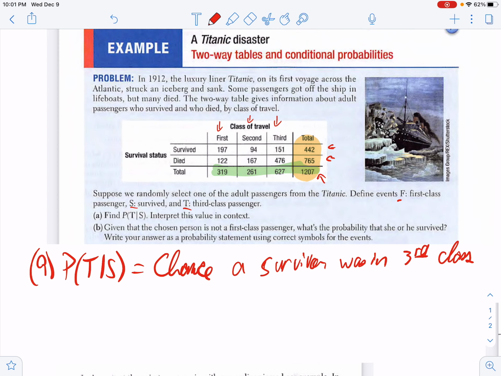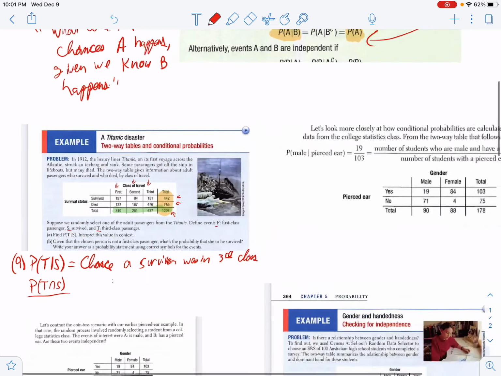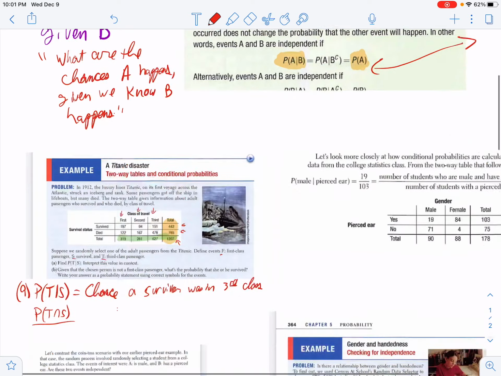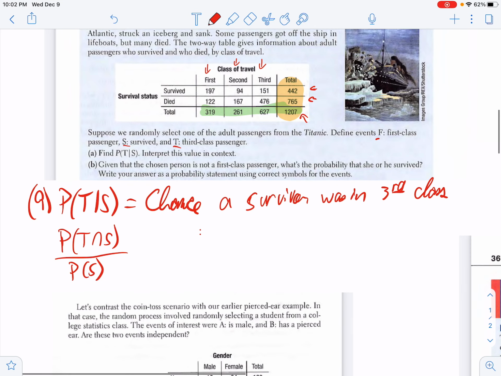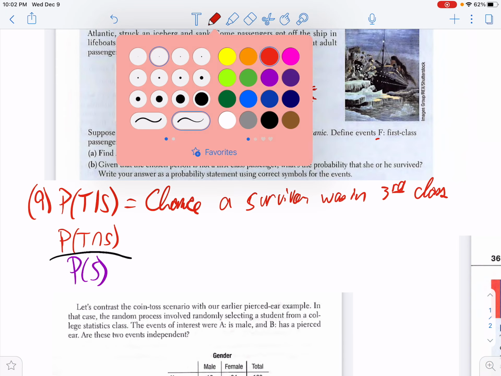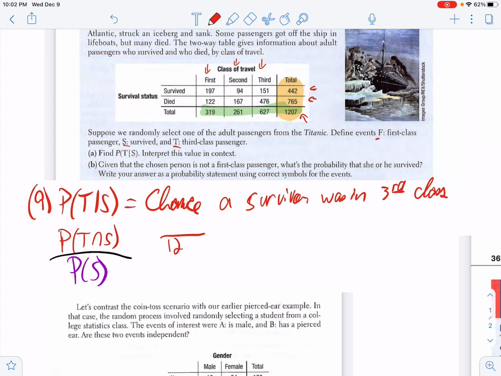So our formula is the probability of T and S divided by, if we go back here and look at our formula, the probability of S. So for the probability of T and S, we're going to divide by our total number of passengers, 1207.